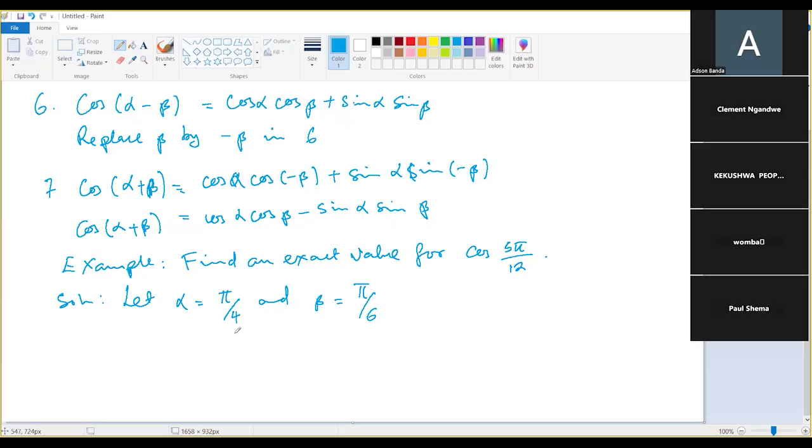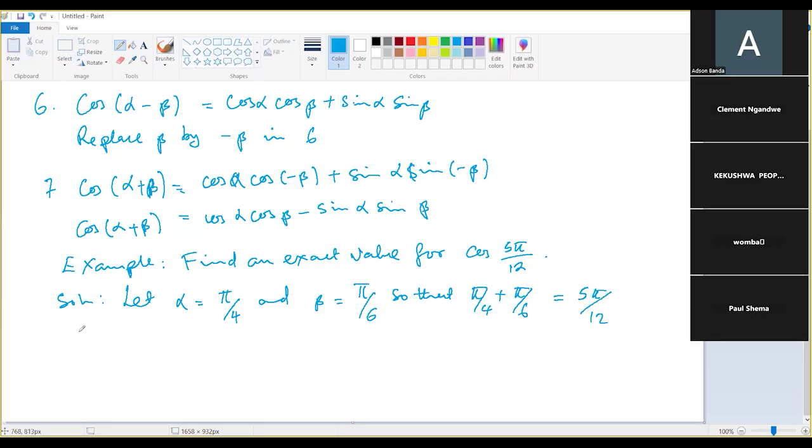Right, so we said that we are looking for two angles which are standard, such that when we add them, they give us 5 pi by 12. So in this case, if you add those two angles, pi by 4 plus pi by 6, you see that what you are going to get will be 5 pi by 12.